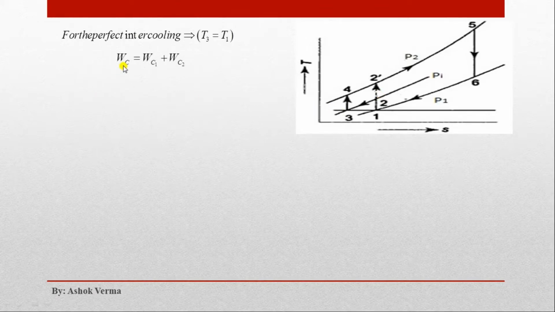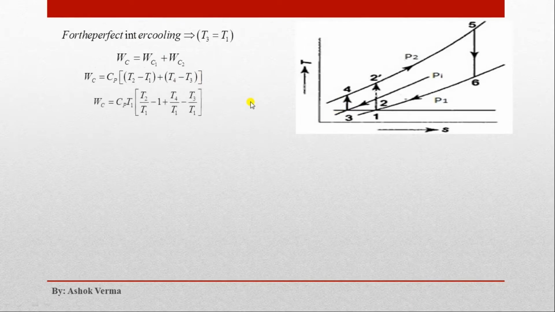Since you will see here the total compression work will be WC1, process 1 to 2, and process 3 to 4, WC1 plus WC2. So WC will be Cp, WC1 will be Cp into T2 minus T1 plus WC2, which is Cp into T4 minus T3.